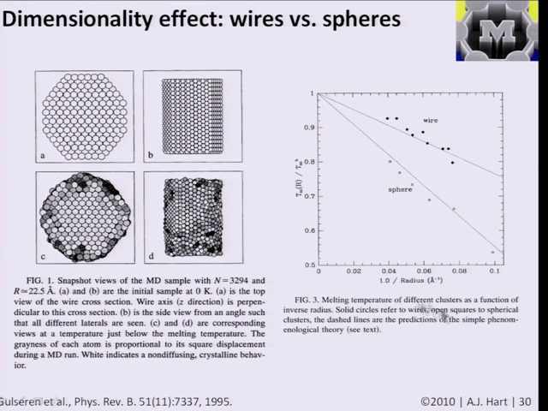Here the solid circles refer to wires, the squares refer to clusters, and the dashed lines are the prediction of the theory. The squares are results from molecular dynamics simulations that compute the melting point as a function of size. While the agreement may not be exact, the idea that, because there's less relative surface, wires are more stable than spheres certainly has an important effect as well.